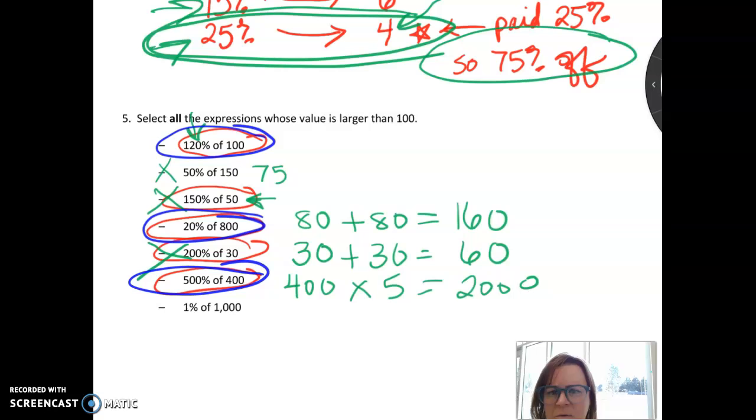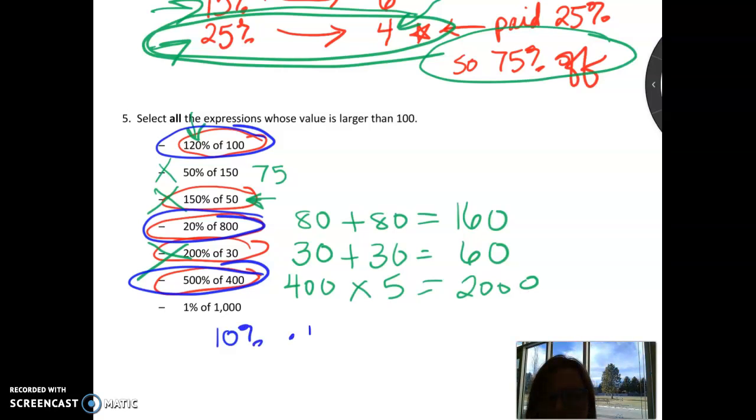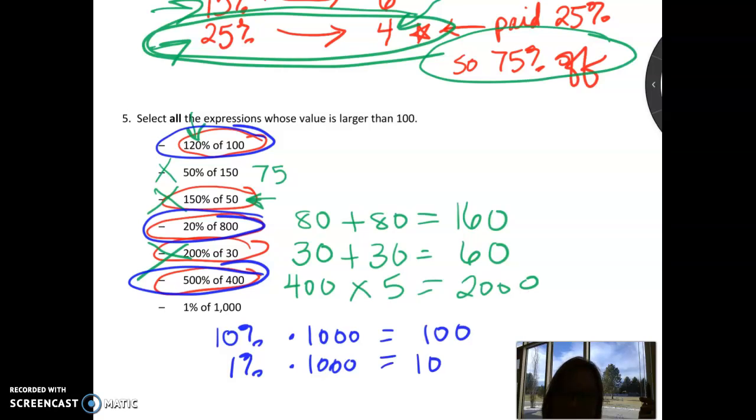Let's circle it with blue. And then the last one, 1% of 1,000. Well, I know that 10% of 1,000 is 100, so I know that 1% is not going to be greater than 100. 1% would just be 10.